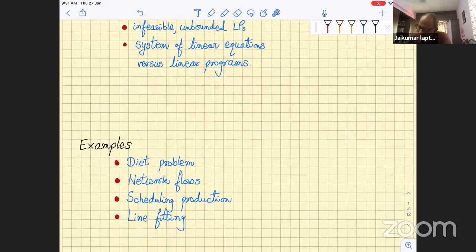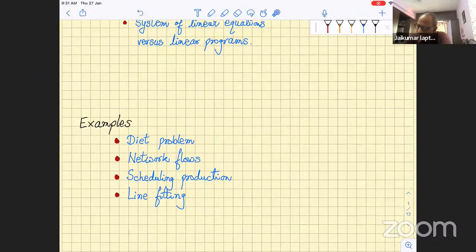And then we discussed examples. There was the diet problem where we were given various dishes and the various nutrients. There was a requirement for each nutrient, and there were costs associated with dishes, and we needed to get an optimal mixture of those dishes so that all the requirements are met.